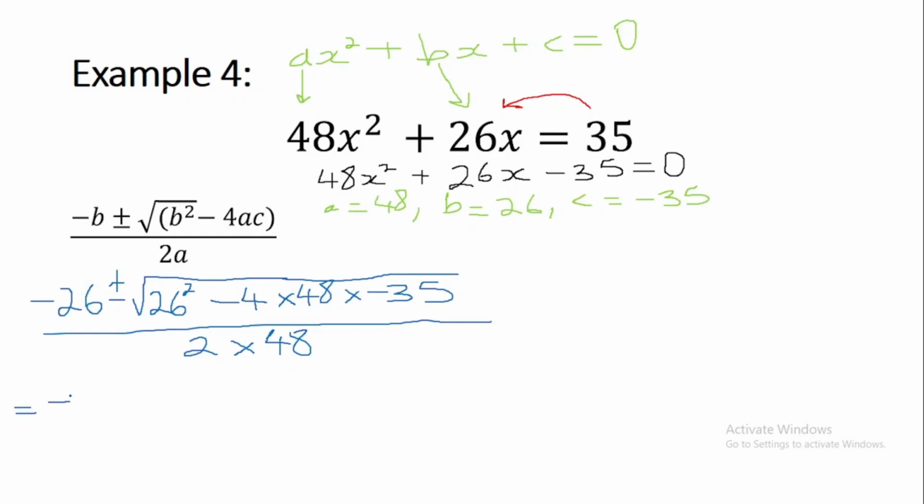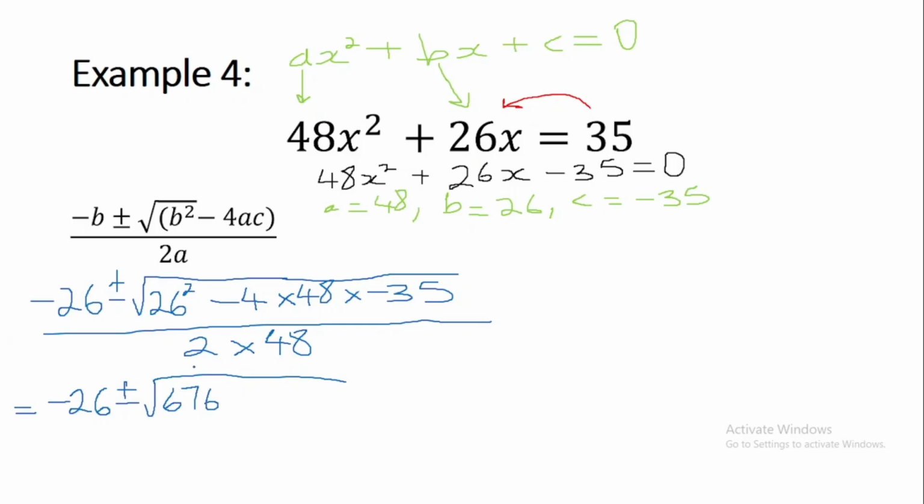So now we're going to see what this is equal to. We have negative 26 plus or minus the square root of 26 times 26, which is equal to 676.